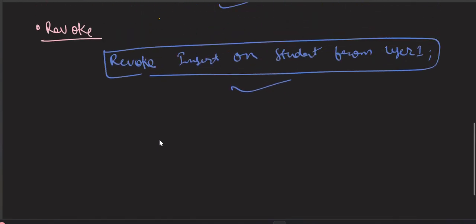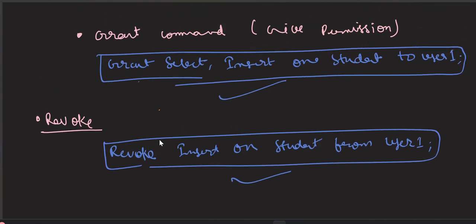The next is to apply the principle of least privilege: give only the required access. For example, as a student you can see your marks and your attendance, so only that permission should be given.